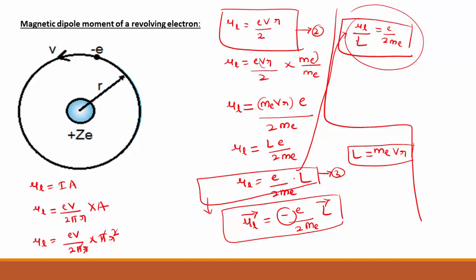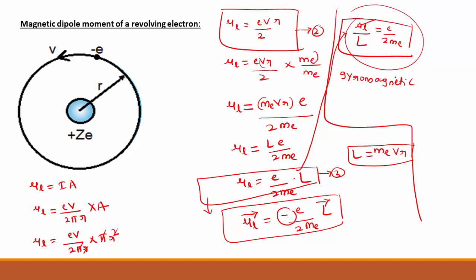The ratio of magnetic moment, mu L, the magnetic moment associated with the revolving electron, to the angular momentum is called the gyromagnetic ratio, and it is always a constant value.